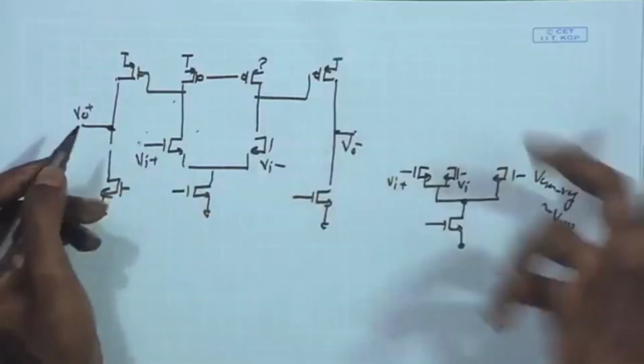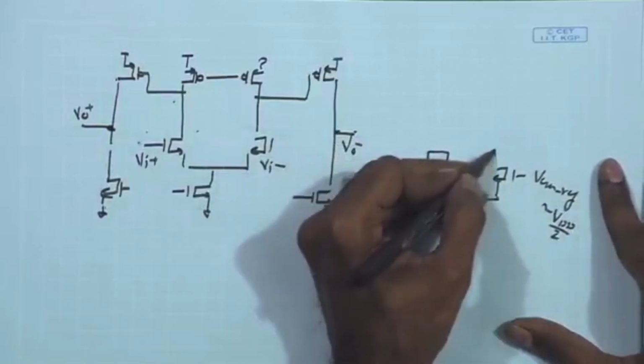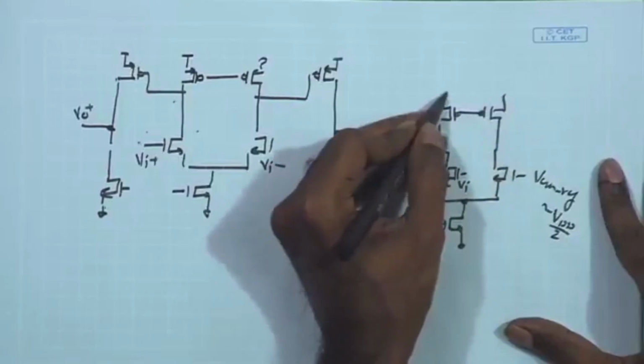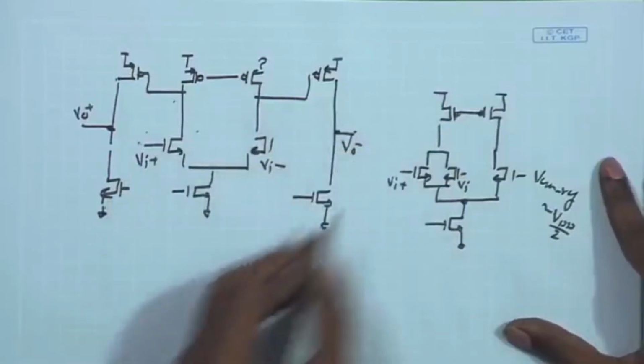I would like the output common mode to be VDD by 2, and then you have, and we had reversed the polarity, if you remember.